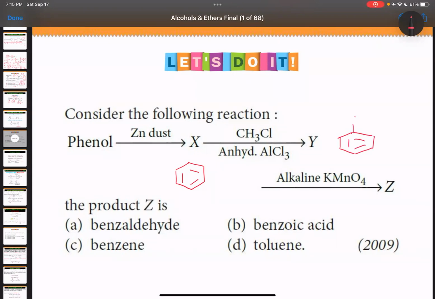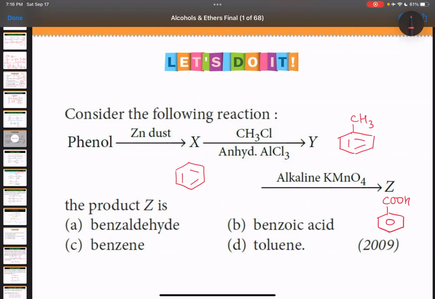Right. And one thing which you need to keep in mind is, suppose if you oxidize any alkyl side chain on the benzene ring, listen very carefully, irrespective of the number of carbon atoms, it gets completely oxidized to COOH.